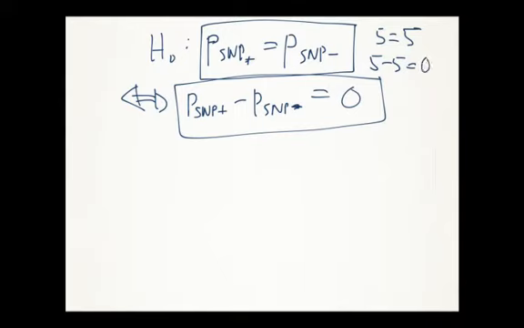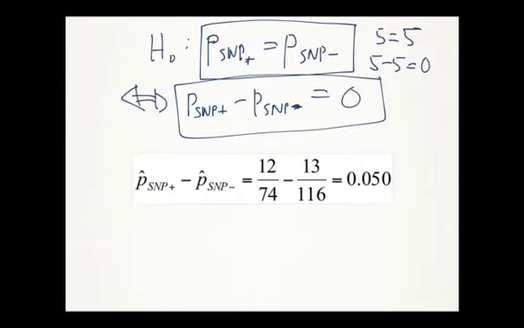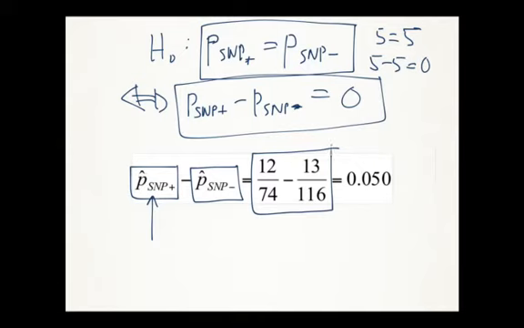And our estimate of this would be p hat, remember hat is our sample estimate, minus the p hat in the SNP negative, which is 12 out of 74 minus 13 out of 116. There's a 5% difference in those. And now we want to know, is that significantly different from 0?